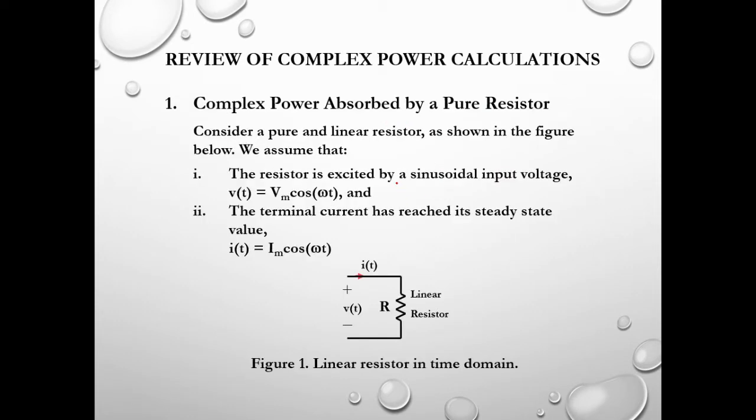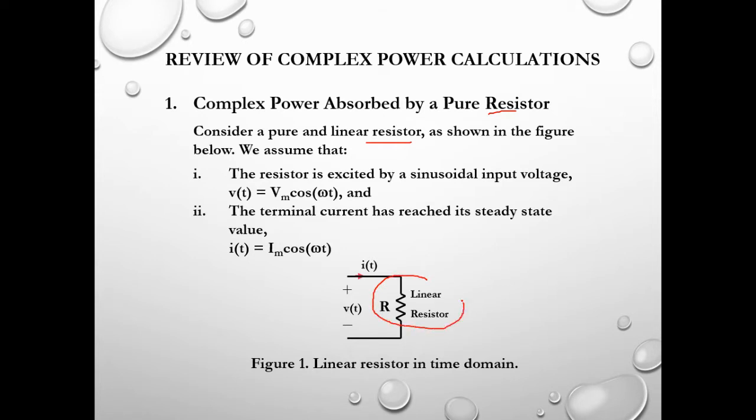So some review of complex power calculations. The first one is power absorbed by a pure resistor. Just consider a pure and linear resistor, as shown in this figure.